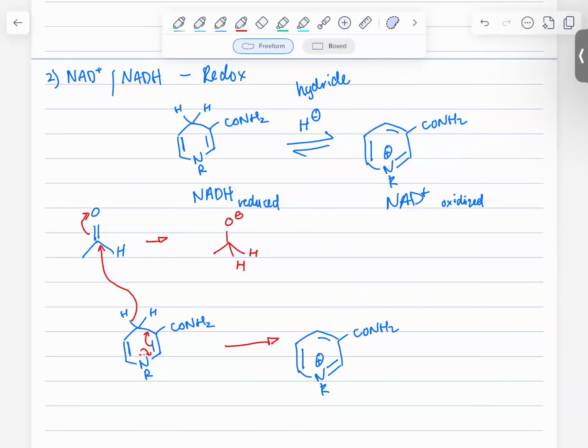And so it has lost electrons, it has been oxidized, and it has reduced our aldehyde to our alcohol.